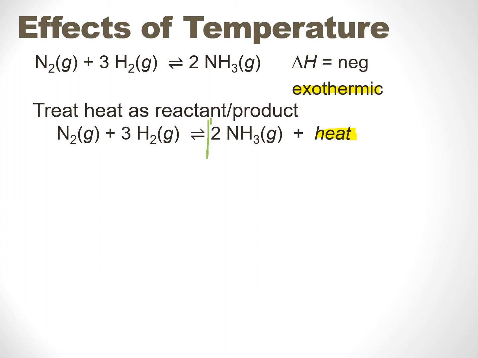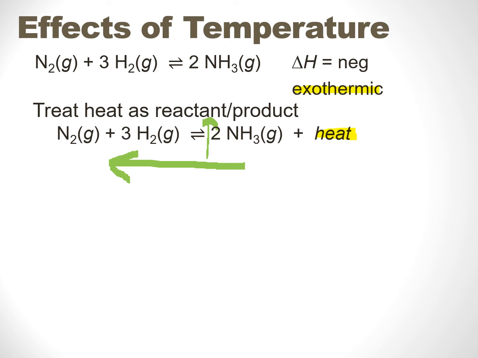If we add more products, Q is going to become too big, and so we will shift the equilibrium towards the left in order to counterbalance what happened and bring the concentration of ammonia back down.